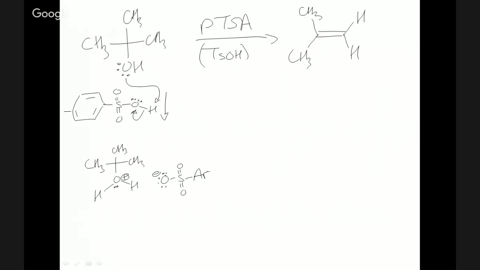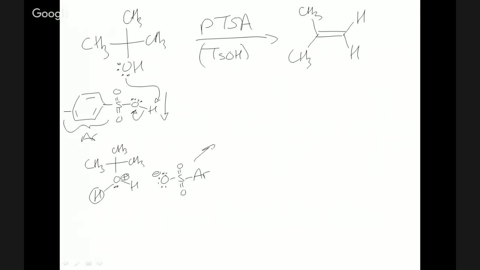I'm going to abbreviate this aromatic group as Ar. This whole group is Ar. PTSA stands for para-toluenesulfonic acid. So we get dissociation. And now, this H, just to make a point that I've circled, the pKa is -2.5. Acidic, but not as acidic as the sulfonic acid. Sulfonic acid gives up its proton.